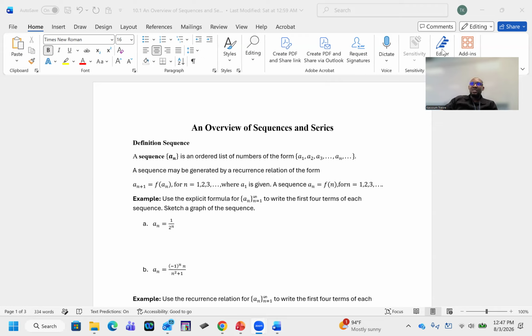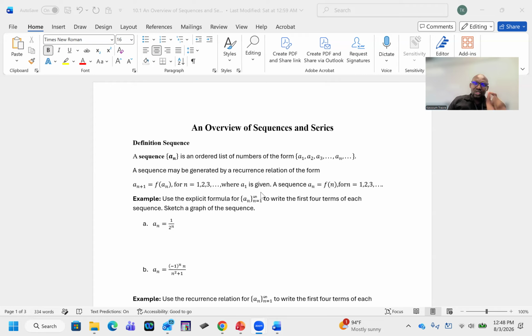So definition, you can see a sequence A sub n is an ordered list of numbers of the form A1, A2, A3 up to An and continue to infinity. The sequence may be generated by a recurrence relation of the form A sub n plus 1 is equal to f of A sub n for n equal to 1, 2, 3, and so on, where A1 is given.